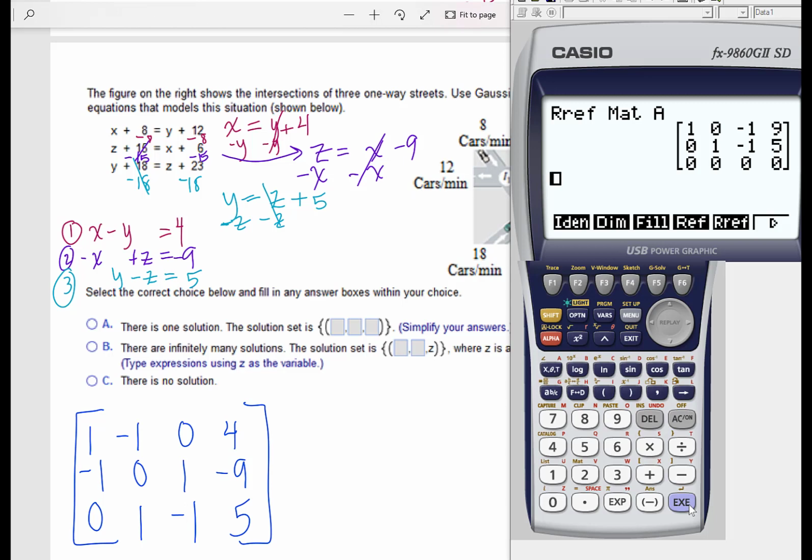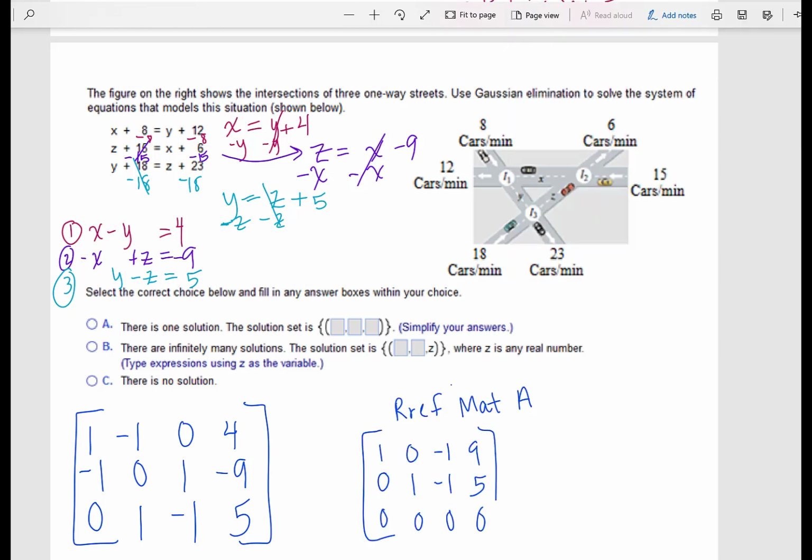So let's go ahead and write this down. Okay, so I copied that down from what the calculator output was. So what we have here is x minus z equals 9. Remember, this is x, y, z, and then that's our constant. Then I have y minus z equals 5.